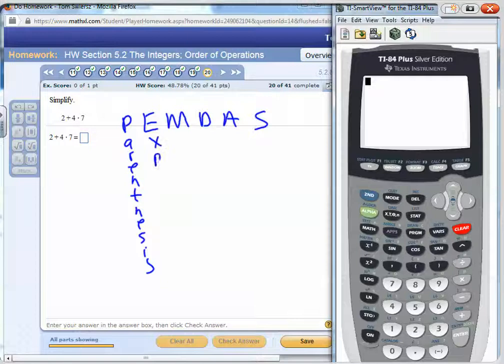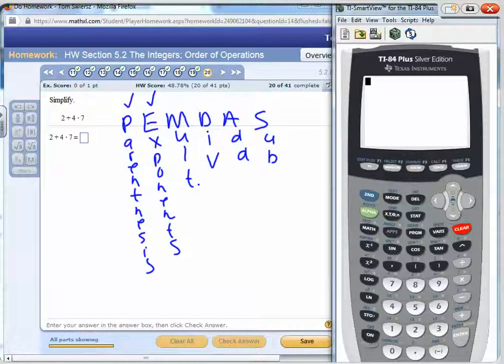E stands for exponents. Then you do the exponents. Multiplications and divisions from left to right, and then additions and subtractions from left to right. Everything in parentheses first, do the exponents, do multiplications and divisions from left to right, group them together, and then additions and subtractions group together left to right.